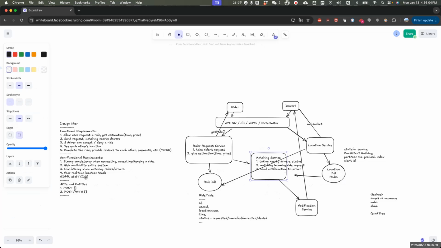The fourth one is near real-time location tracking. We establish a WebSocket from the client, not only the riders but also the drivers, to our location-based service to report the location via WebSocket.